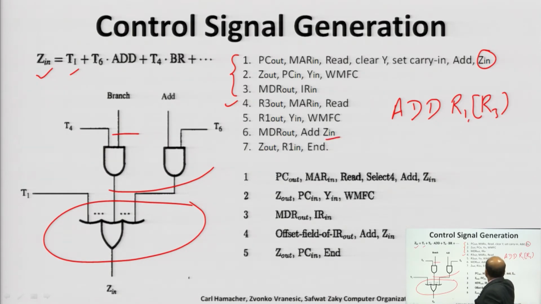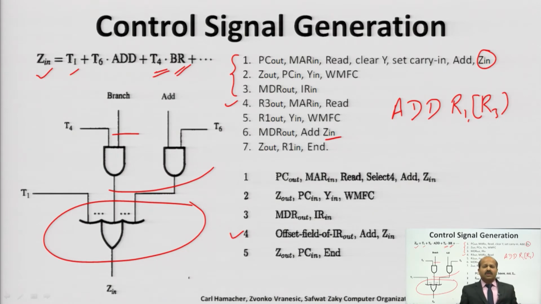It is also available with the unconditional branch at step number 4. When we are talking about unconditional branch, Zin was used in the fourth step. That is why T4.Br is written. Br stands for unconditional branching.